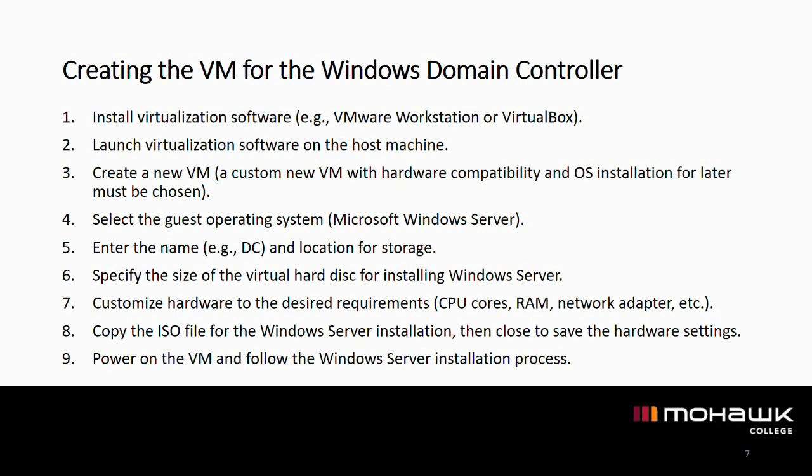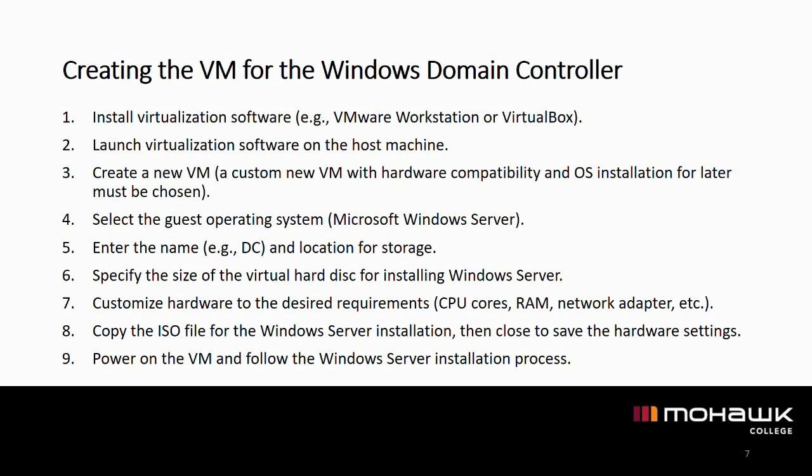Finally, we have to copy the ISO file for the Windows Server installation. Then we have to close to save the hardware settings. We have to save the ISO file for the Windows Server because we have to use it for installing the Windows Server next.